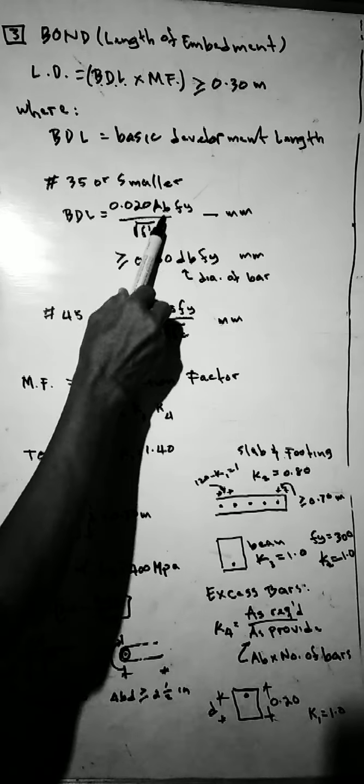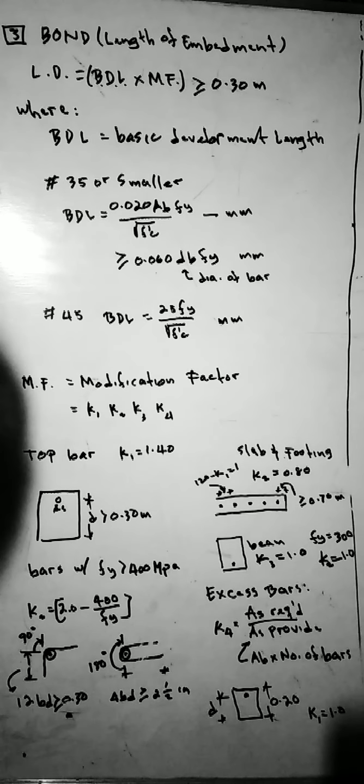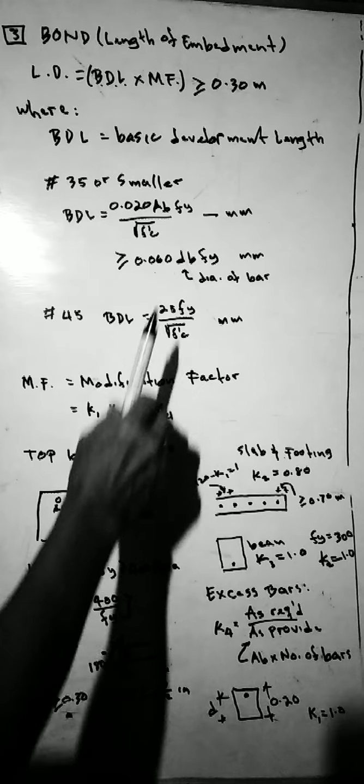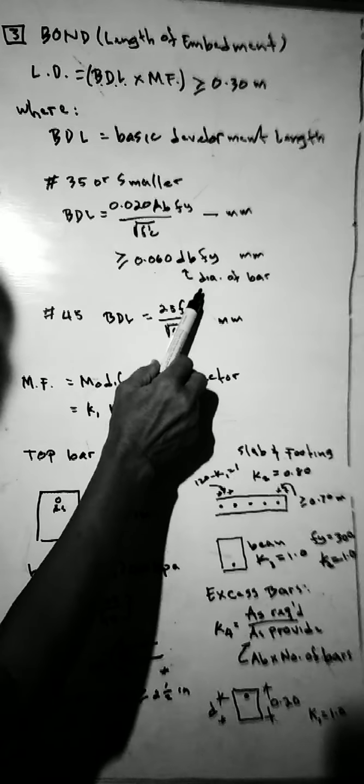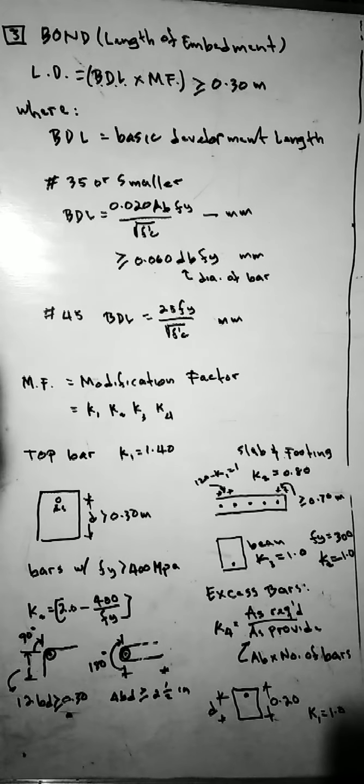The AB here is the cross-sectional area of the individual bar. And dB here is the diameter of the bar. That's for the number 35 or smaller bar.